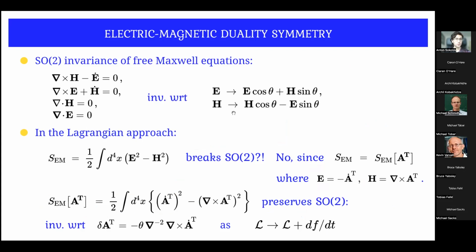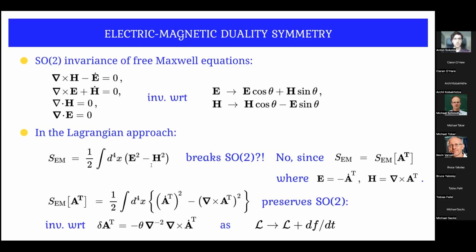This is well known, but what is less known is how this comes about in the Lagrangian approach. In the Lagrangian approach, the electromagnetic action is given by this formula here, which is E squared minus H squared, and it seems that this Lagrangian actually breaks the electric-magnetic duality symmetry.